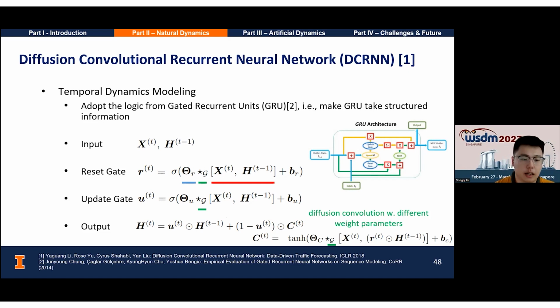This is the standard formula we just discussed in the diffusion operation. For the update gate, the structure is similar, but the parameter is changed from theta_r to theta_u. So these two have the same structure with different parameters. The output is that we combine the output from the reset gate and the output from the update gate to get the hidden representation for the next time step and the output for the current time step.